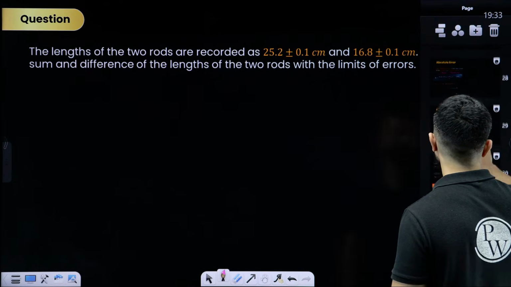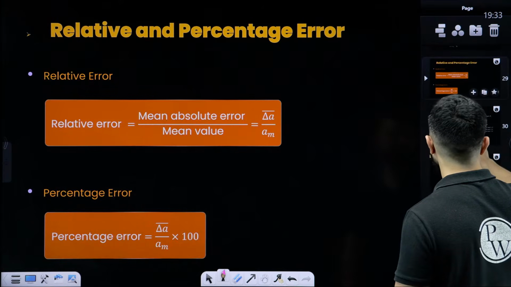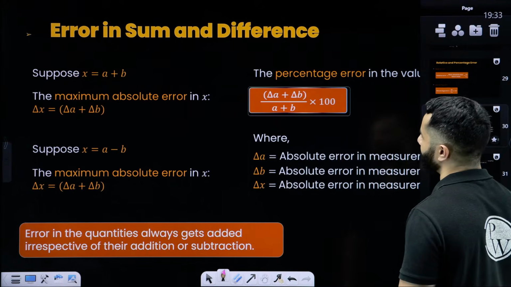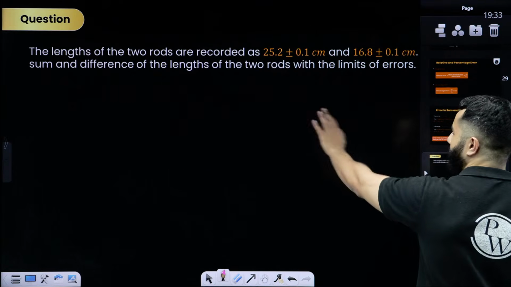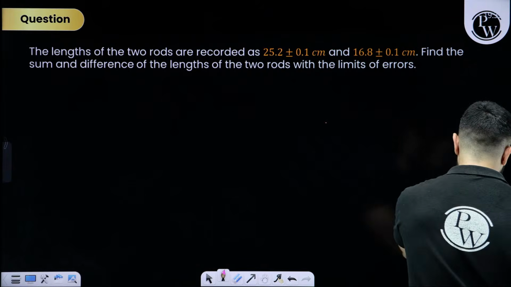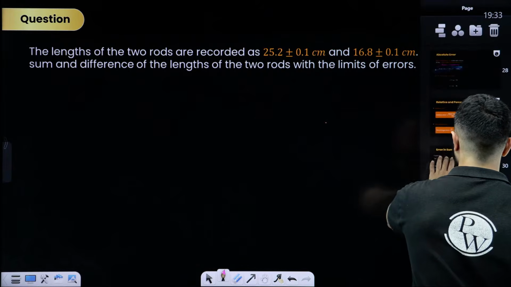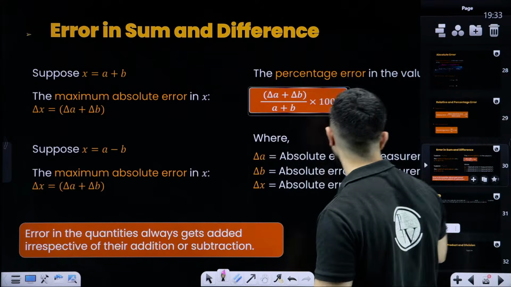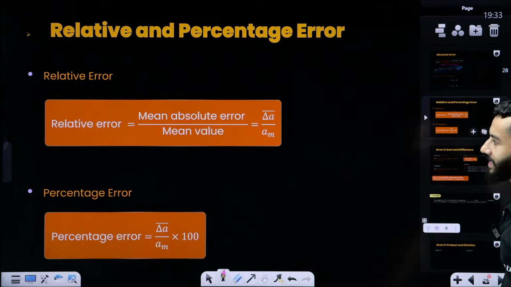Okay, fine. I'll come back to the example after we discuss errors in sum and difference, because here they are talking about sum and difference. We have not covered that. See, hopefully everything is clear till percentage error.